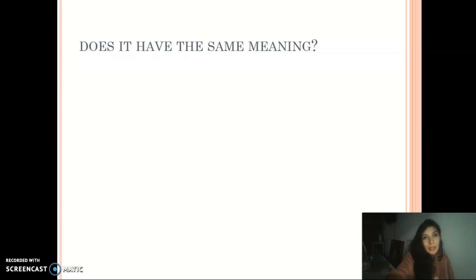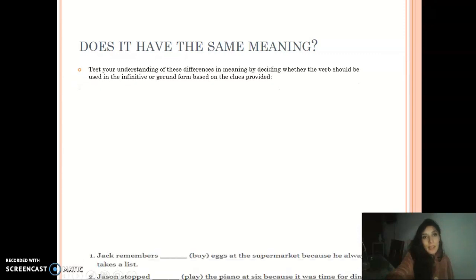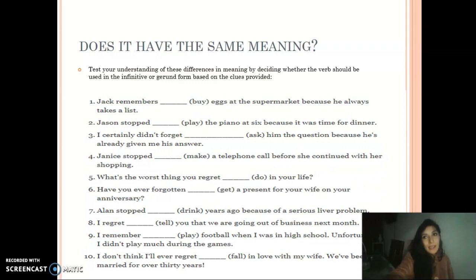So here we have the first exercise says, Jack remembers buy eggs at supermarket because he always takes a list. So the verb that we have to fill with is buy.